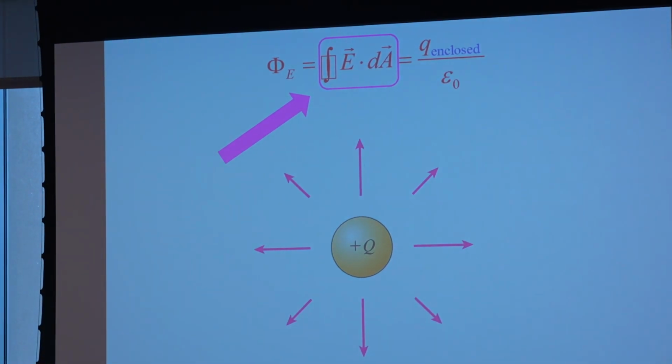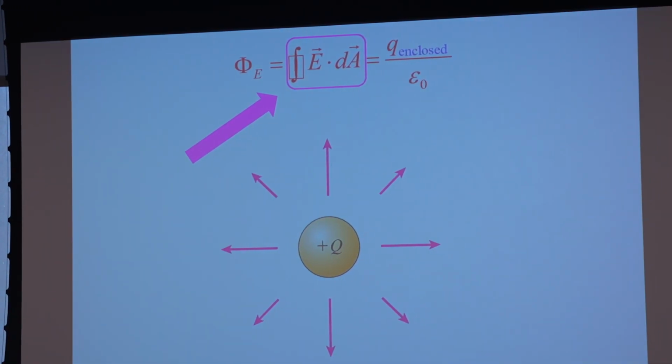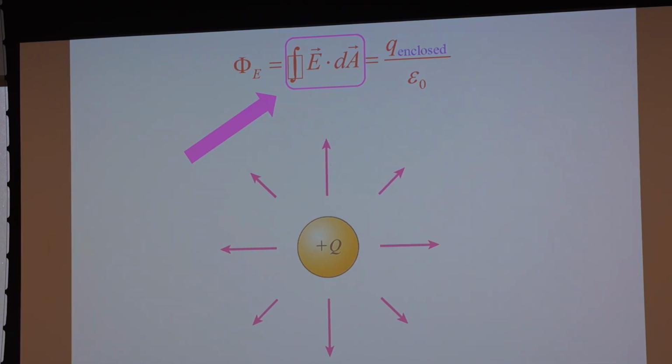So we have to surround it by a three-dimensional closed surface. And we want that closed surface such that this is true and the E is constant on the surface.